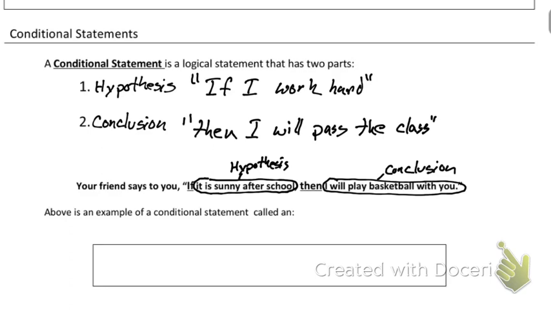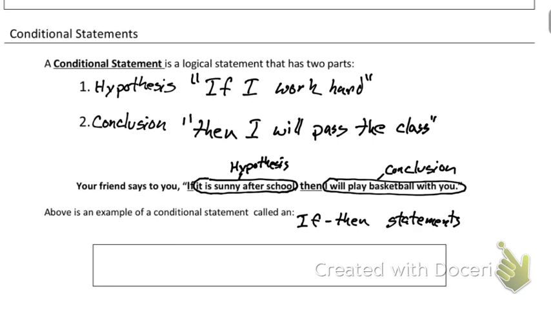Now, as the header of our title implies, we don't always just call these conditional statements. Sometimes it's a little easier to call them if-then statements. In other words, conditional is the exact same thing as me saying if-then. They're interchangeable. So if I say conditional, you can think if-then.